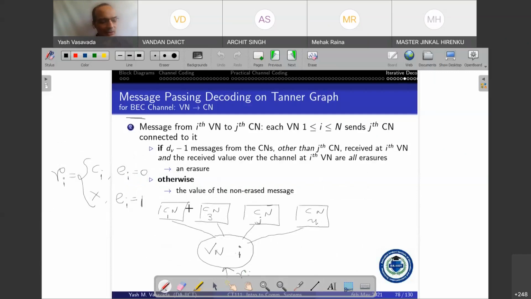In that case, the way to think about it is that CN1 will send a message to VN I, CN3 will send a message to VN I, and CNU is also going to send a message to VN I. And then looking at all of these messages and the information that it got from the channel, R of I, this VN is going to tell CN J what it thinks its value is.